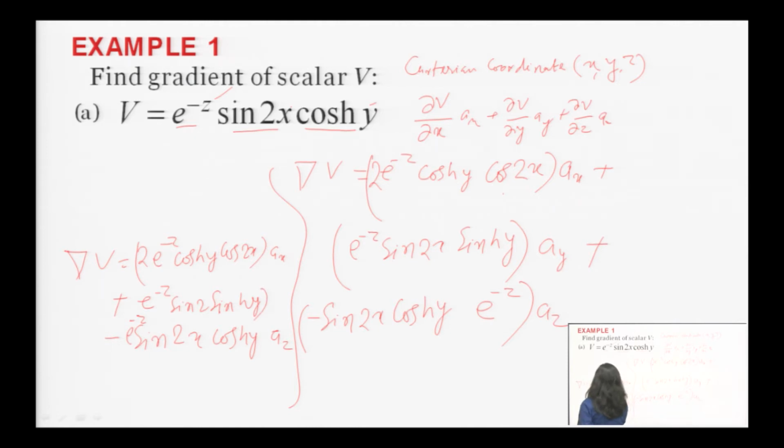This is the final answer of gradient of a scalar V, where V is given in Cartesian coordinates. Cartesian coordinates are also known as rectangular coordinates.